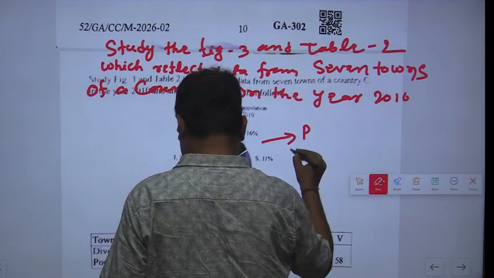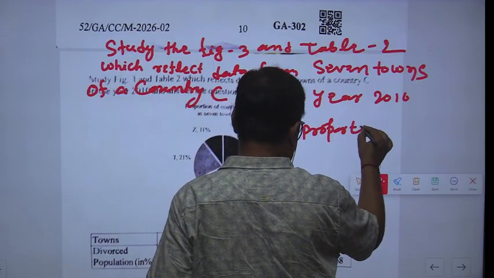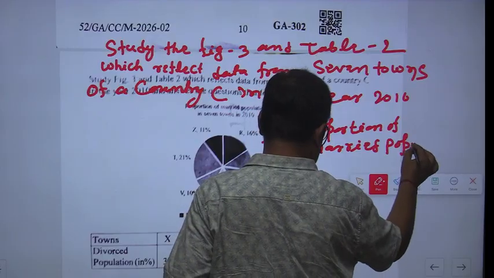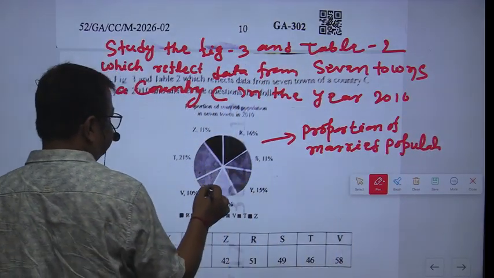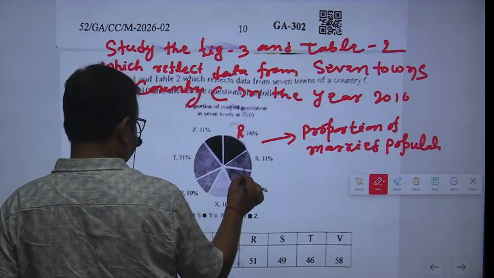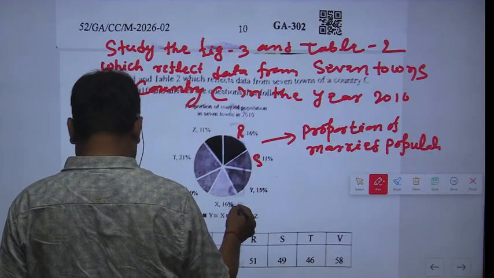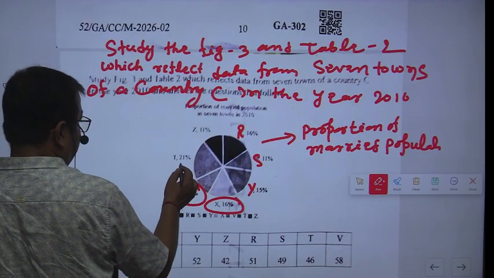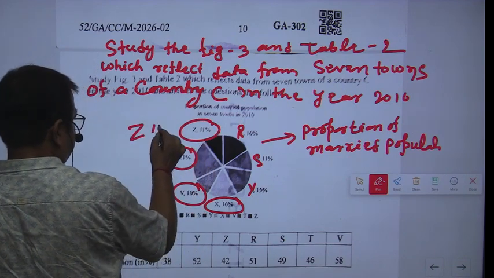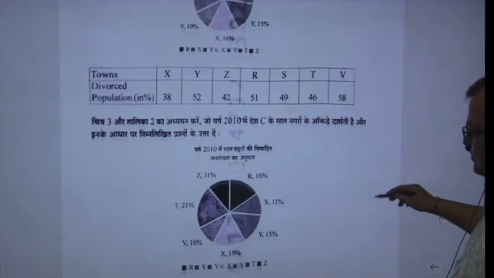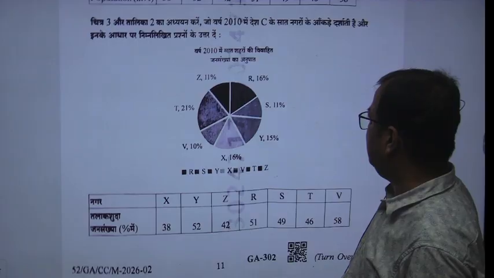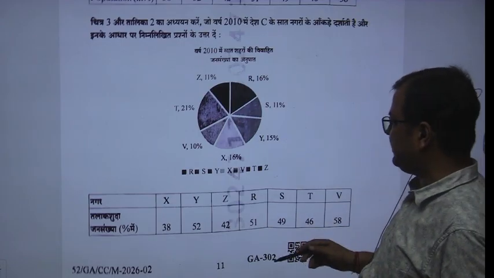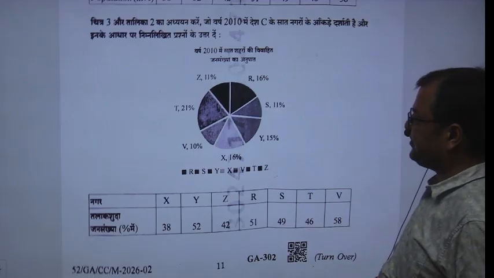From the figure, the proportion of married population: R 16%, S 11%, Y 15%, X 16%, V 10%, T 21%, and Z 11%. Then the second table, 7 towns' total married population.